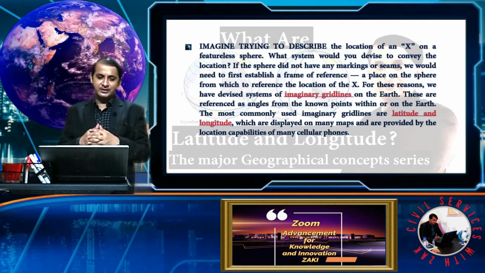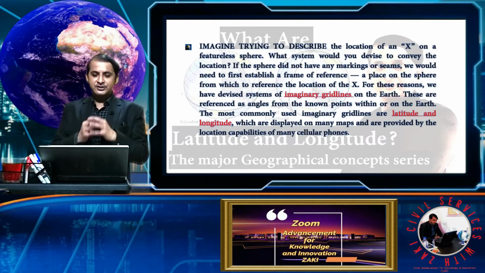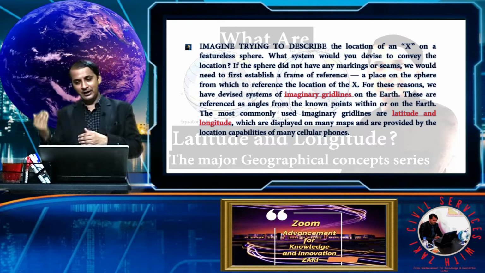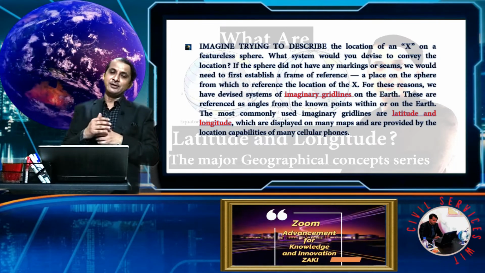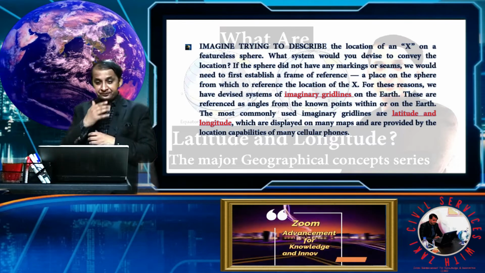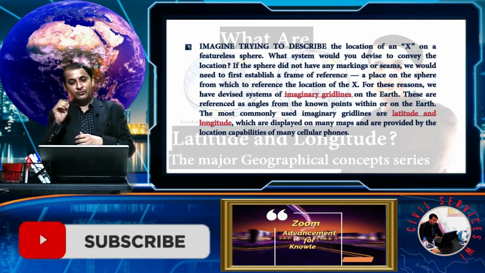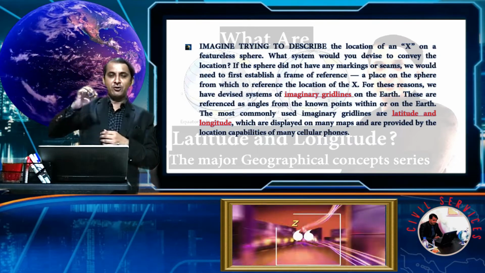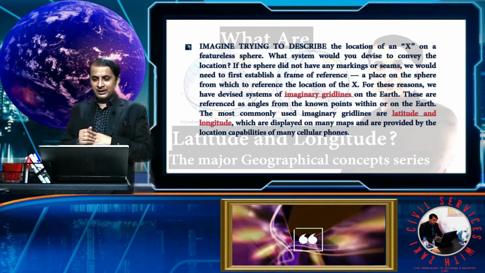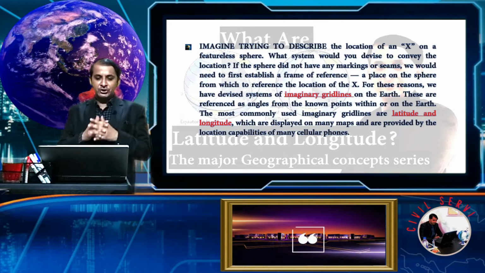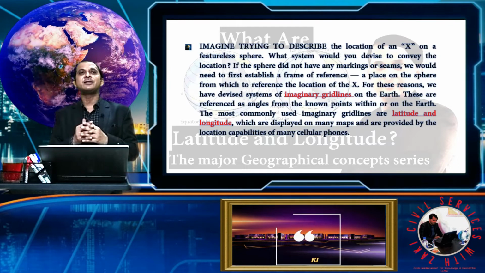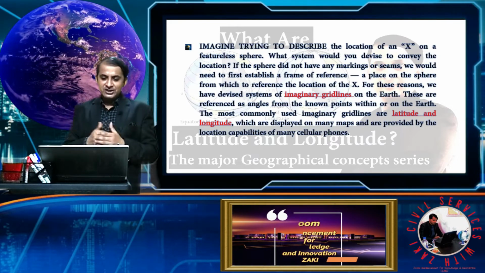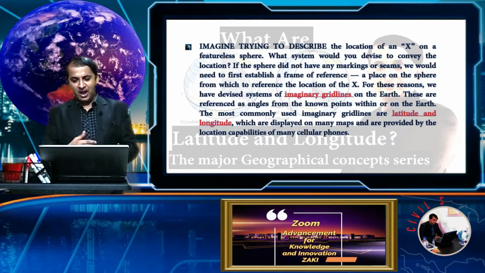For this reason, we have devised a system of imaginary grid lines on the earth. These are referred to as angles from a known point within or on the earth, used as a reference. The most commonly used imaginary grid lines are latitude and longitude, which are displayed on many maps.